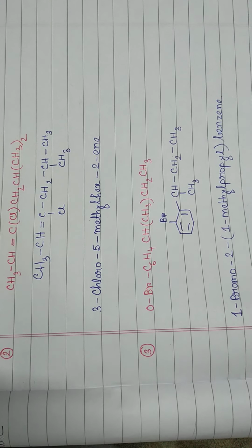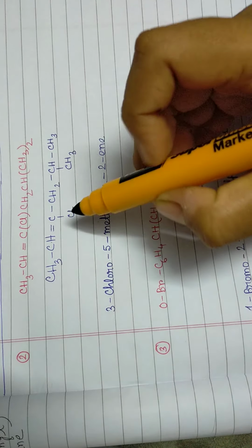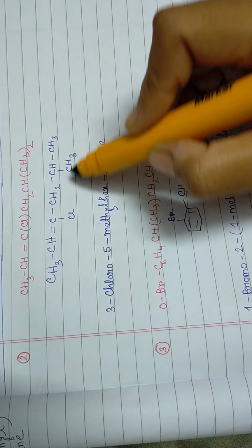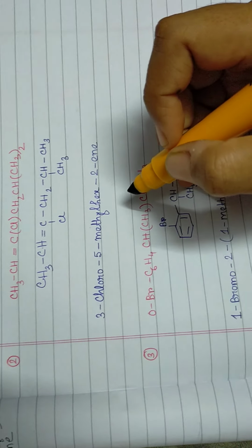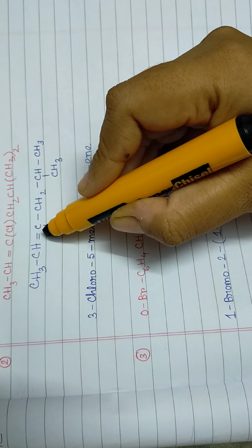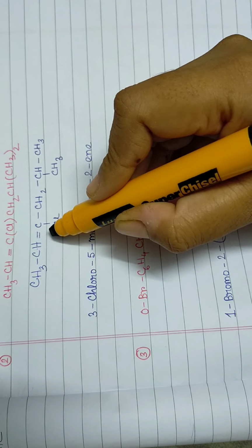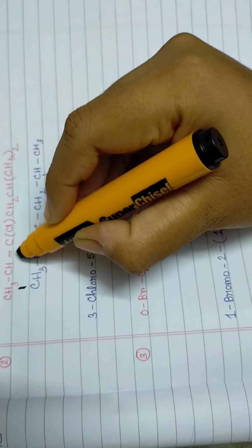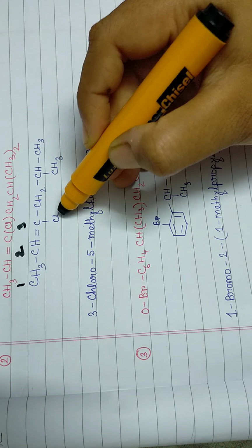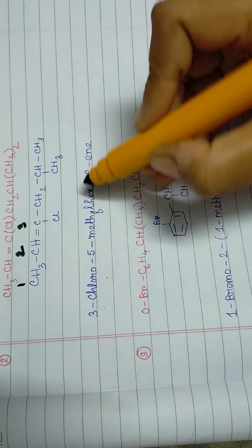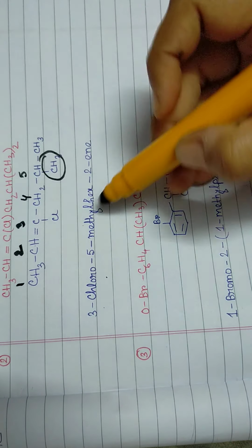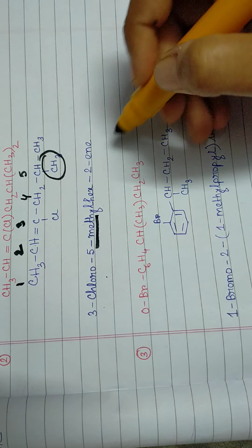Now let us take some other examples where we will write the name from the structure. I have taken this one example. In this we can see that chlorine is present and a double bond is also present. So obviously we have to number from this side: 1, 2 and 3. So there will be chlorine at position 3, so 3-chloro, and in the 5 position there is one methyl group, so we have written 5-methyl.